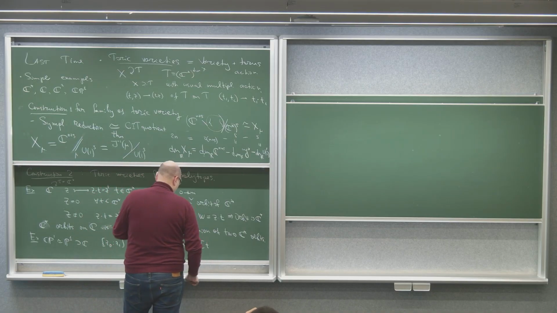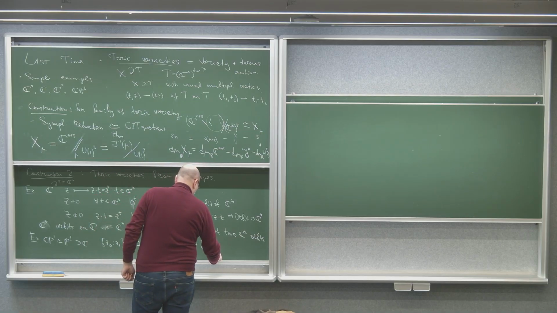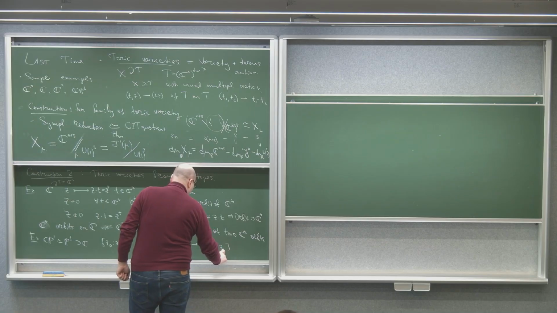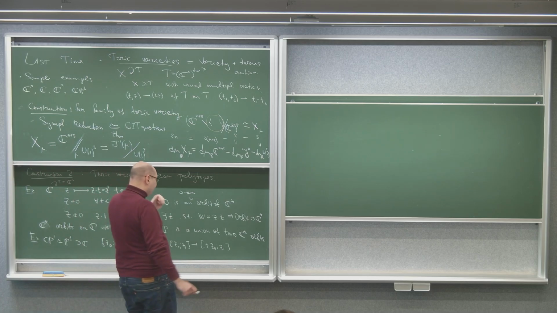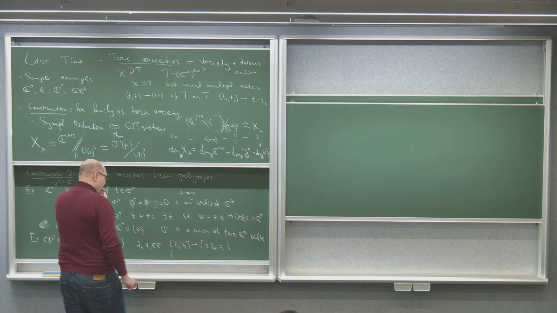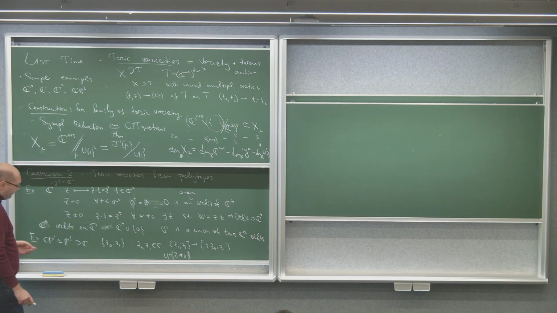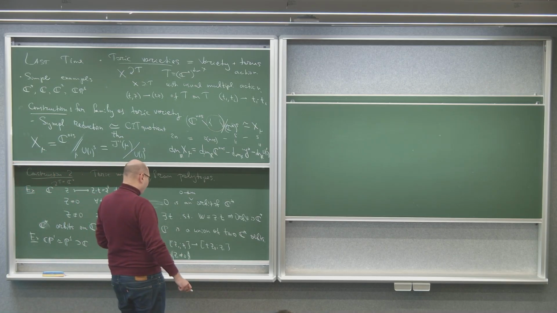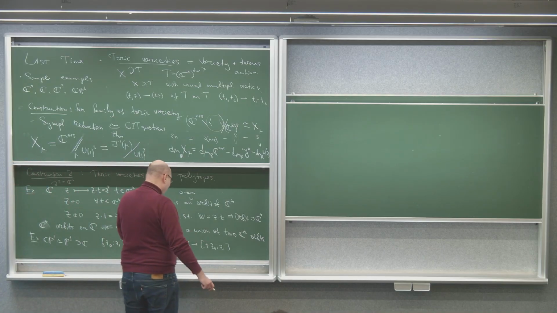So let's say it's like this: T acts on Z1. Then for this action, if we look into a chart where Z1 is non-zero, which is a chart inside of P1, we can use the coordinate Z0 over Z1.